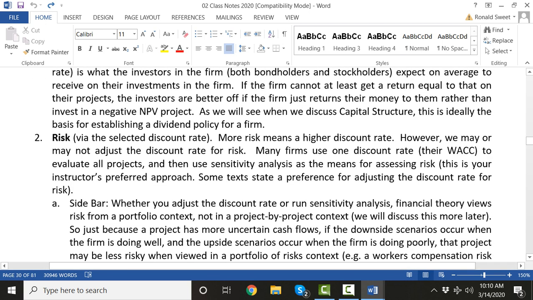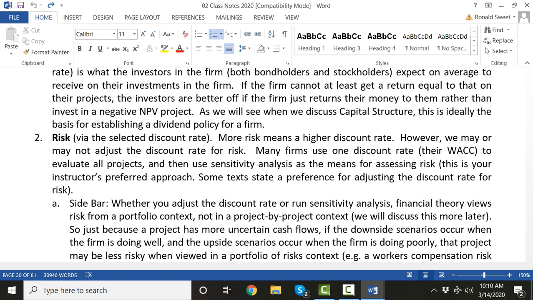The discount rate incorporates risk. Some textbooks, in fact, most textbooks from cost benefit analysis say that you should select a discount rate that's unique to each project. I doubt many firms do that except in those very major projects, those expansion and diversification projects.